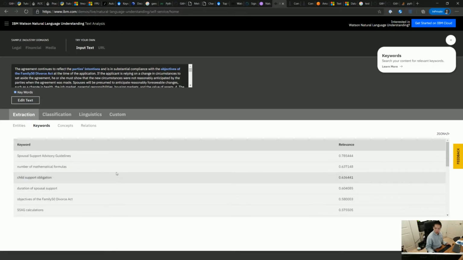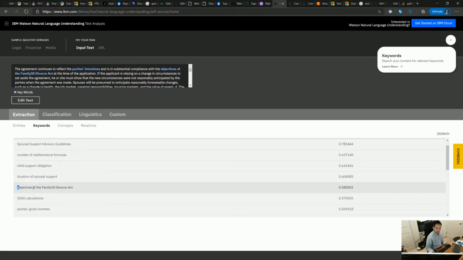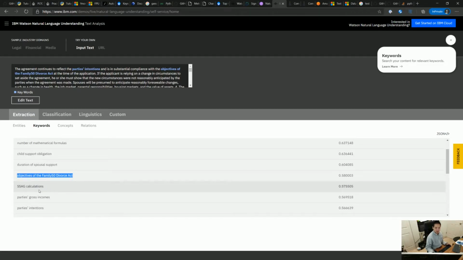and pared it down. If you look at the most relevant ones, spousal support advisory guidelines, that is something that I would pick up. Number of mathematical formulas, no, not great, but child support obligations, yes. Duration of spousal support, yes. Objectives of family, I don't know why there's a 50 in there. Divorce Act, yes.